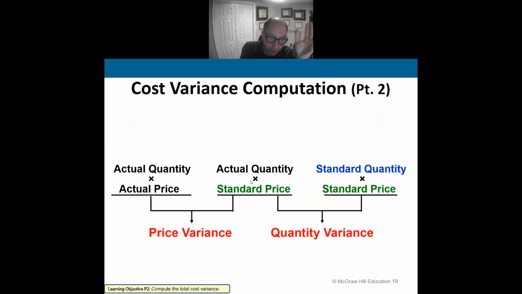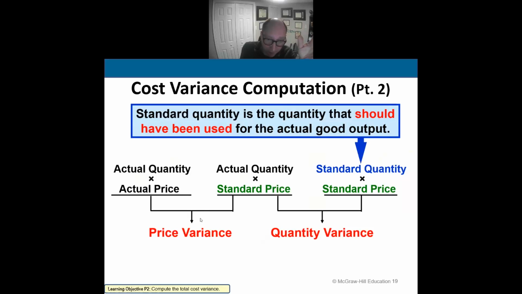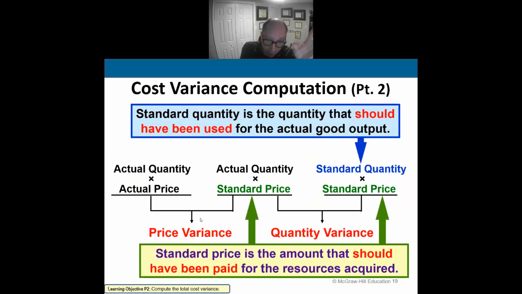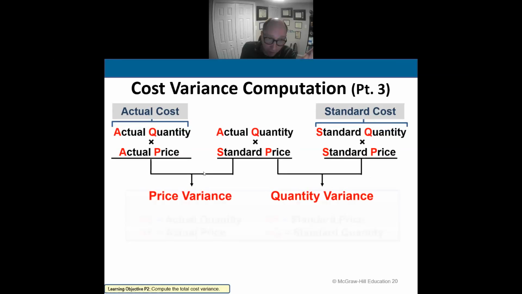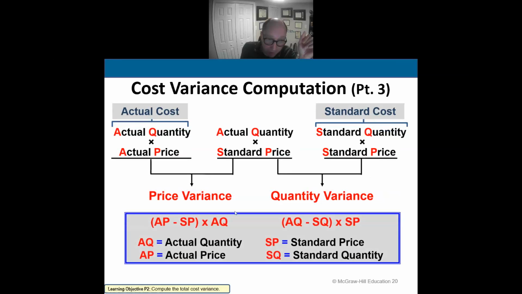To show you how to find the price variance and the quantity variance, we've simplified it here. But to simplify it further, we use this formula down here.